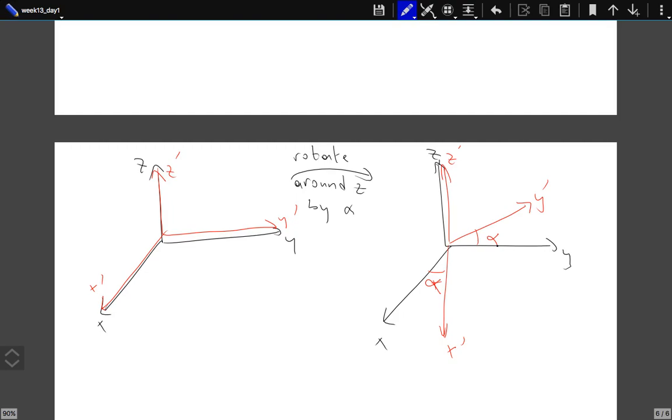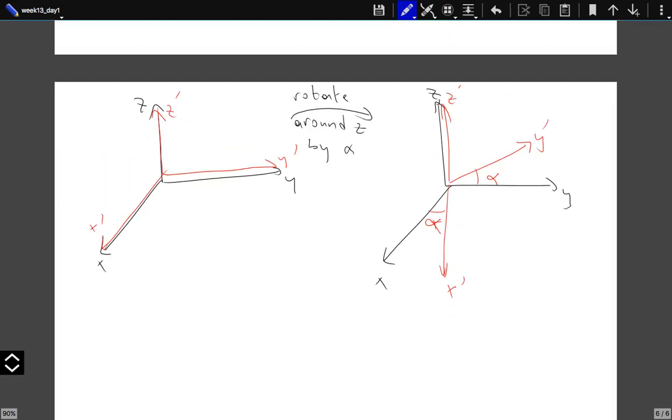This is my new Y prime axis. Now, let's say this is X, this is Y, this is Z. I started from here, I rotated by alpha. I want to keep this to be the intersection line of the rotated disk and the new disk. The next thing I do is rotate around this axis so that the disk is now tilted relative to the original XY plane. But since I'm rotating around this axis, it stays both in the initial disk and also in the rotated disk. So that line is fixed.